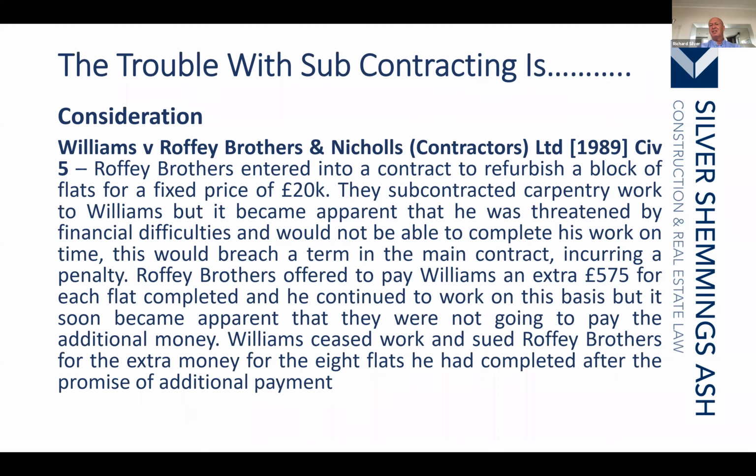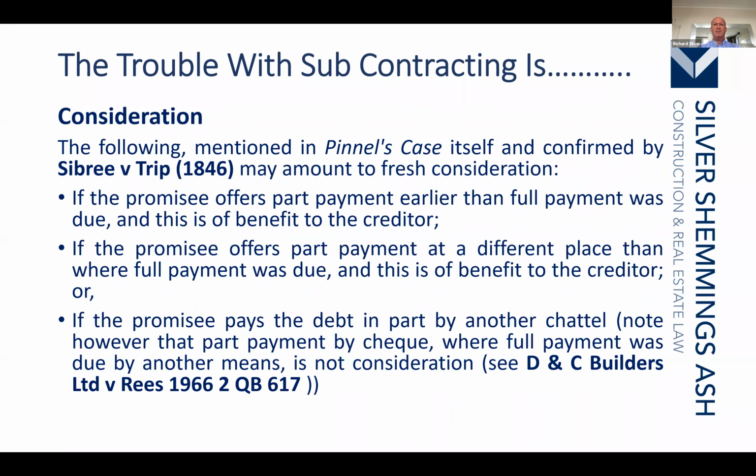So under the contract, the subcontractor has a right to complete late, but will be in breach and has a liability for damages. Now, those damages of finishing one week late could be £30,000, but trying to accelerate to complete on time could, in theory, cost the subcontractor £40,000. So in that case, there is likely to be a contract, and that's what happens in Williams versus Roffey Brothers.